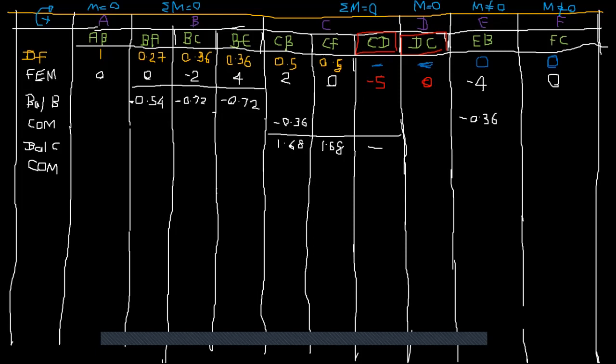So CB's neighbor is BC and it is continuous to continuous, so you should give half, right? So that means 0.84, right? CF's neighbor is FC, that is continuous to fixed, right?